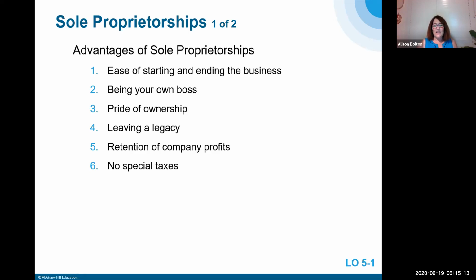A lot of times you will see families being brought in to work with them and they take over down the road. And of course, number 5, retention of company profits. 6, no special taxes. You just use your Schedule C within your normal 1040 tax return.